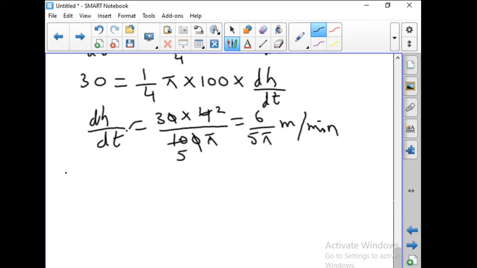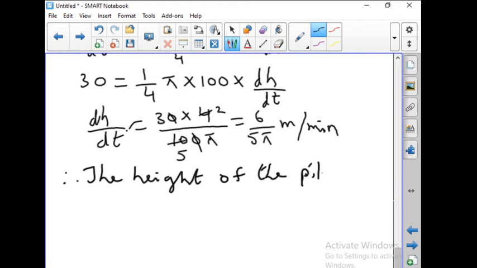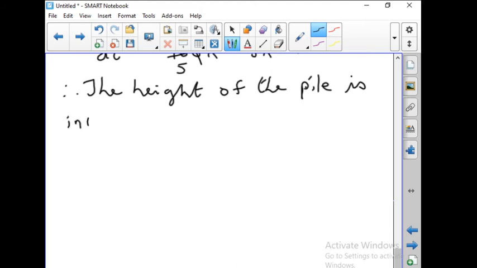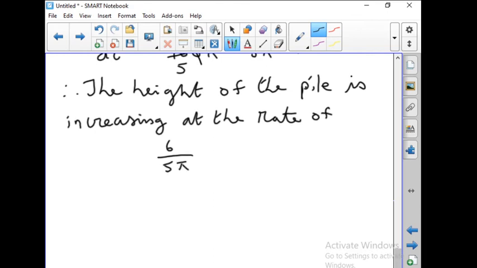So how will you write the answer? Therefore, the height of the pile is increasing at the rate of 6 by 5 pi meter per minute.